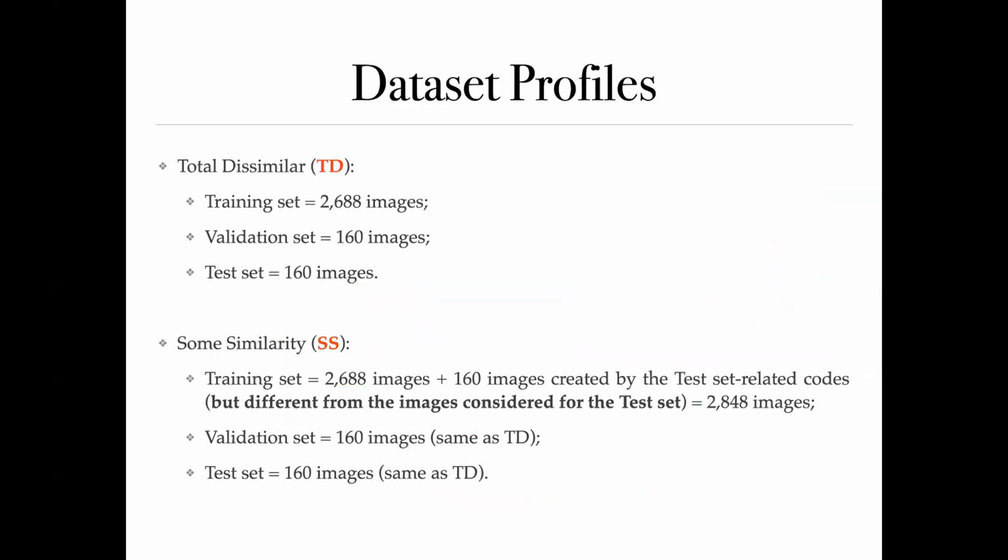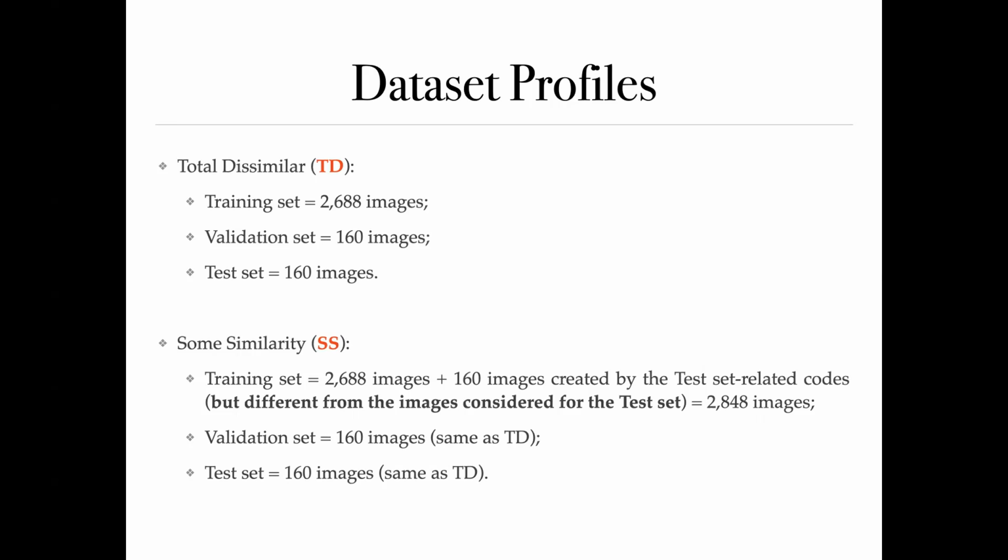In order to answer question 3, we developed 2 dataset profiles. The totally similar TD profile has 2,688 images in the training set, 160 images in the validation set, and 160 images in the test set.